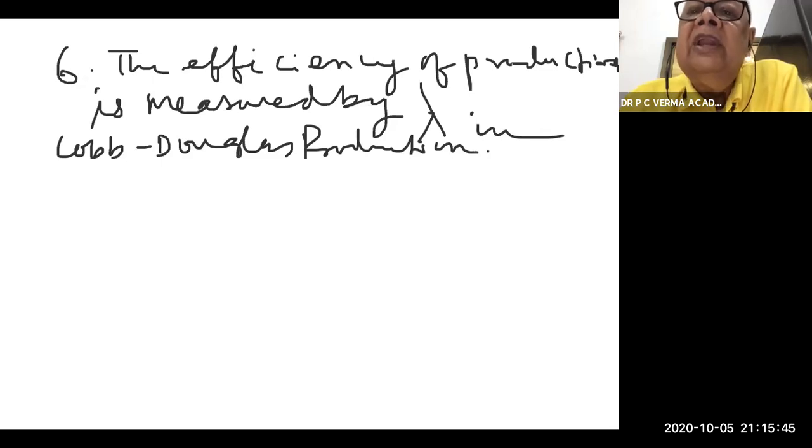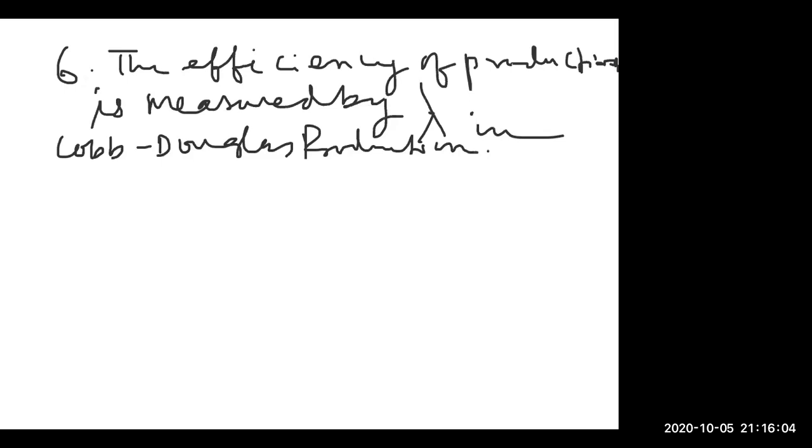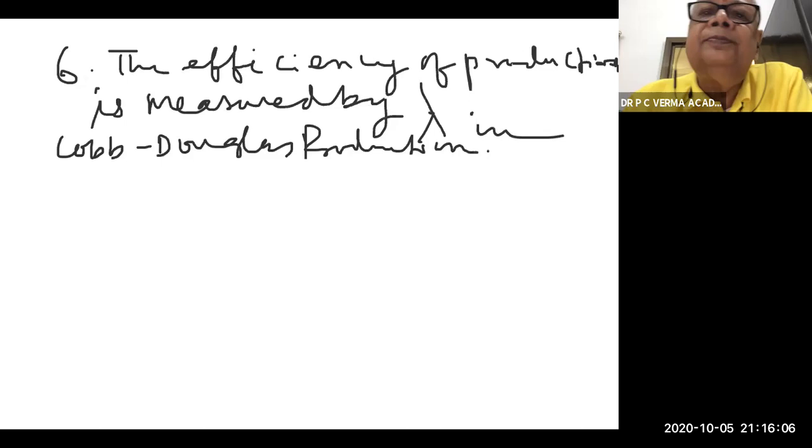So if managerial ability and entrepreneurial ability are higher, then lambda value will be higher. And if lambda value is very low, it means managerial efficiency and entrepreneurship are all very low.